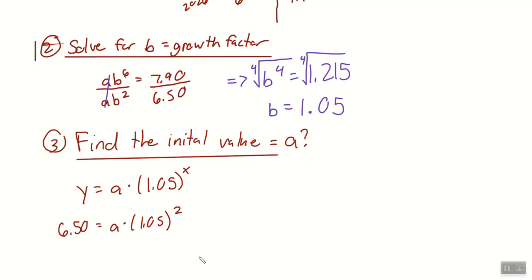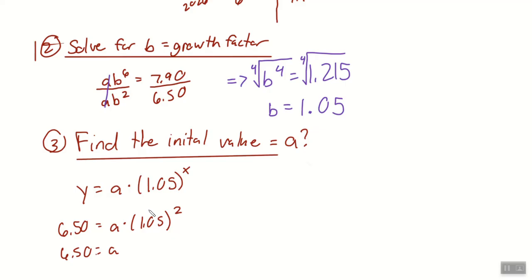Solve for A. Get A all by itself. Divide both sides to get A all by itself. 6.50 equals A times 1.05 squared.